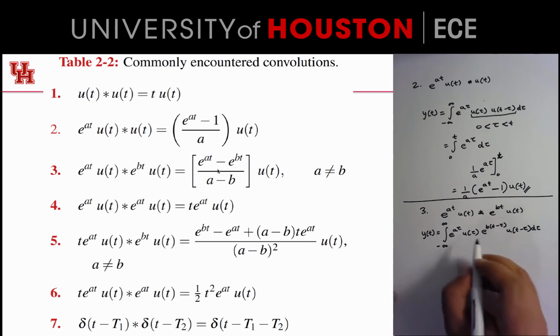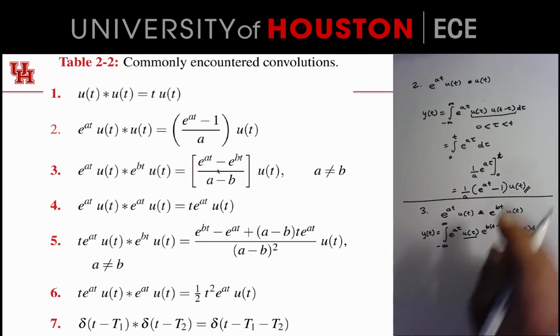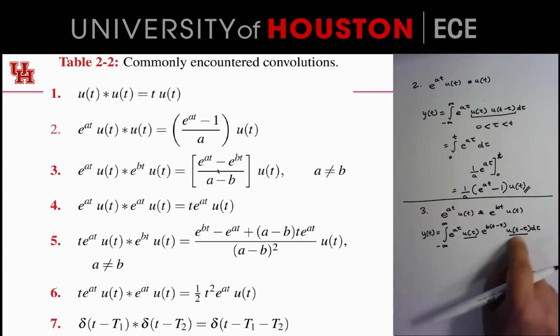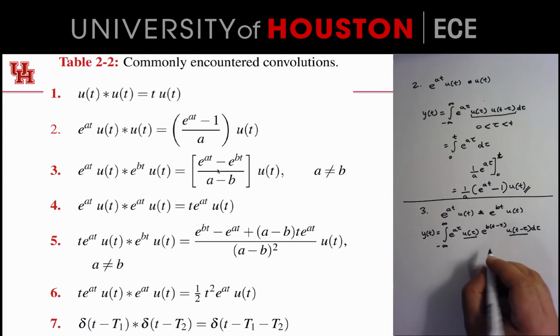And by the same logic that we went through here, this product is going to be 1 when tau is between 0 and t.